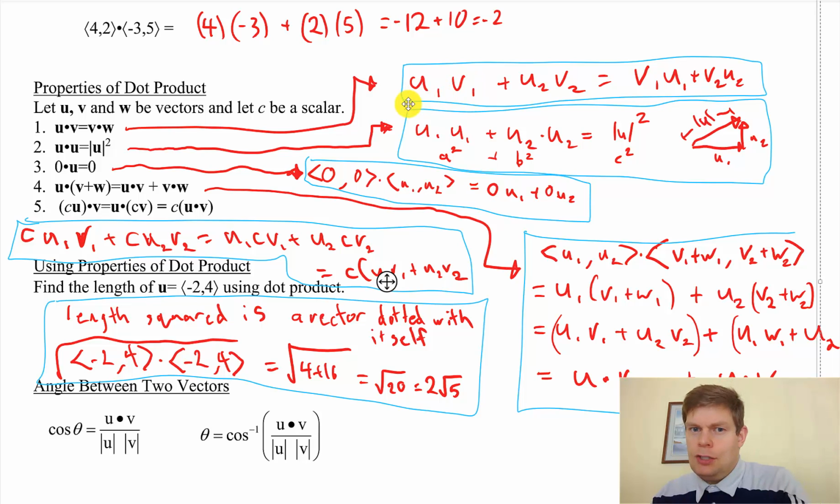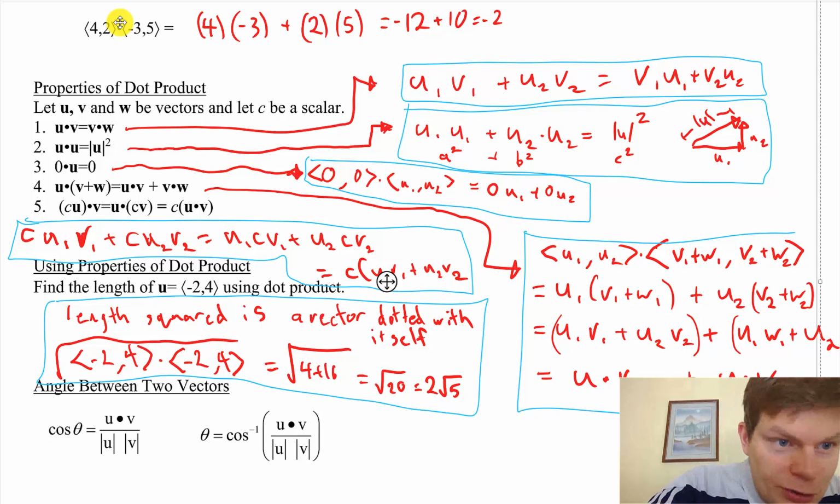Anyway, so I showed it right here as u1 v1 plus u2 v2, which would be if you had u1 u2 dotted with v1 v2, you'd end up with this. If you reversed it and had v1 v2 dotted with u1 u2, that's v dot u. Whoever wrote this screwed things up.